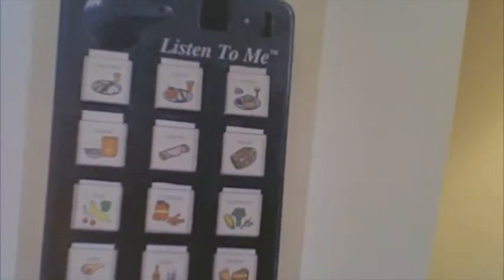Since there are many different types, there's a few things to consider when looking into getting an AAC device. First, you need to consider what type of buttons you would like, or keys. If you want something easier, then you can look at getting something like this that just has a few pictures on it, very few keys, something that's very simple for most to operate.